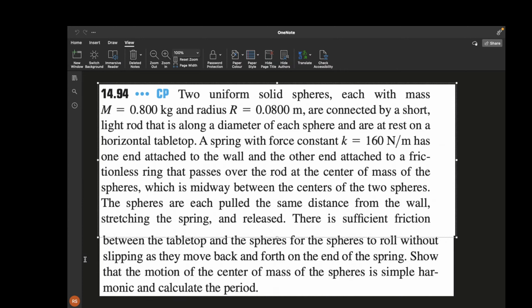Two uniform solid spheres, each with mass m of 0.8 kg and radius 0.0800 meter. So I will simultaneously write things on the board.